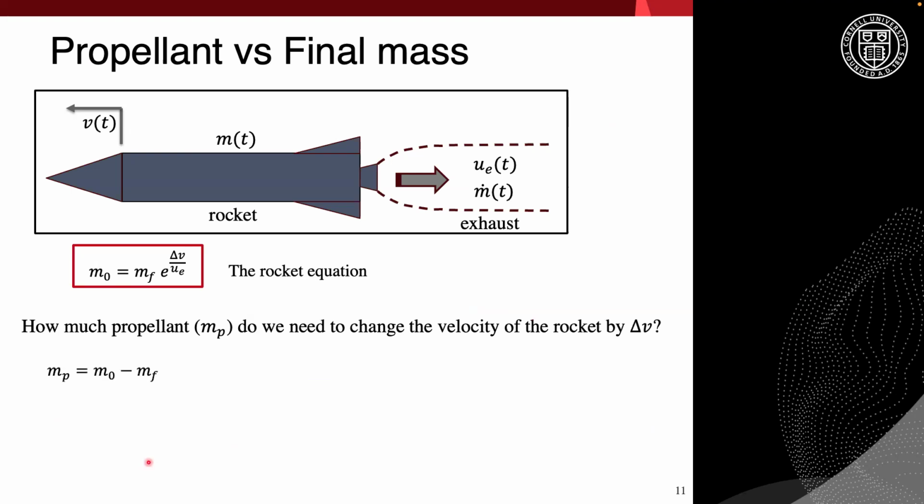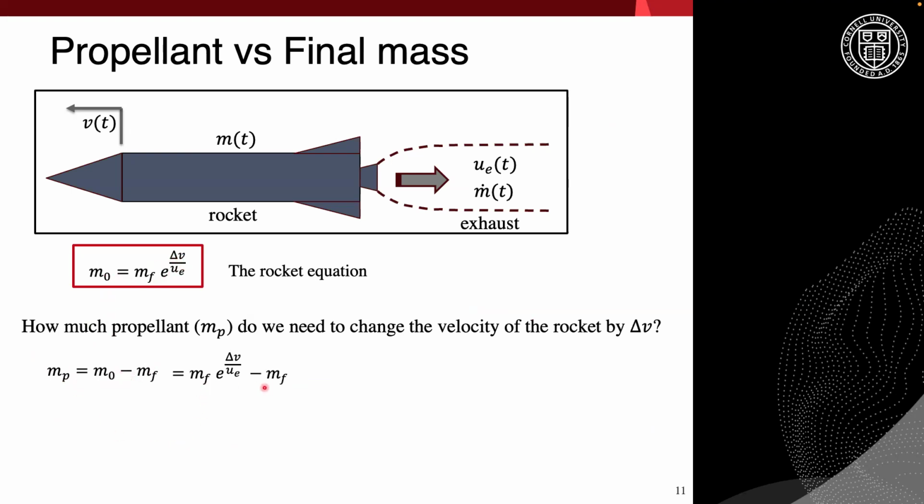So we can write the definition of the propellant mass. mp is just the difference between the initial mass and the final mass. And then we replace the expression of m0 by the expression found in the rocket equation.